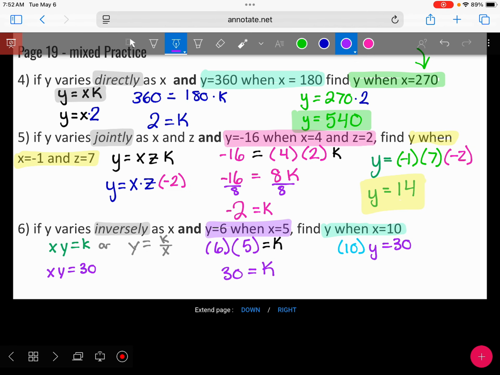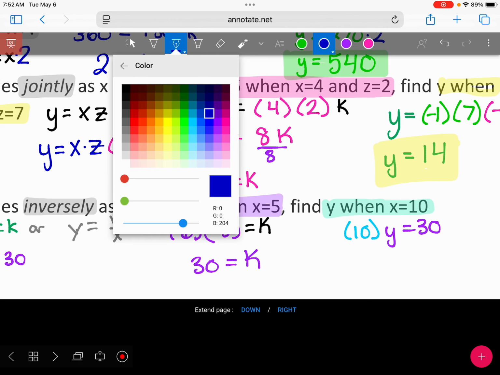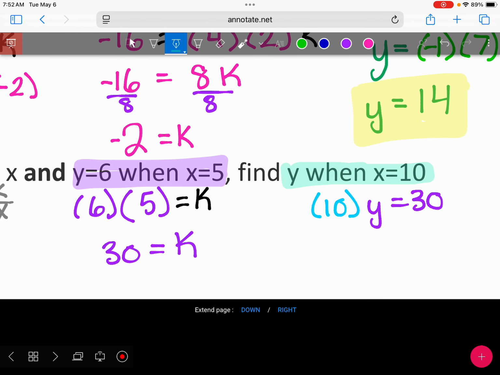So what is y going to equal? If 10 times y equals 30, what's y going to equal? 3. Divide both sides by 10. So there's a lot of dividing when it comes to solving these things. So we substitute our pieces in, and that lets us do that division.